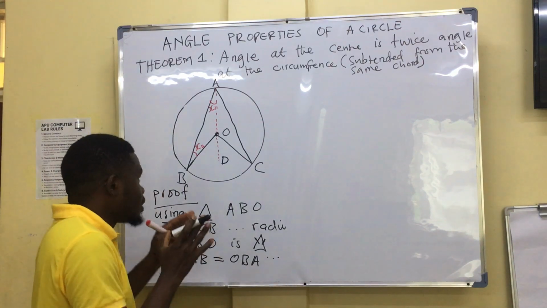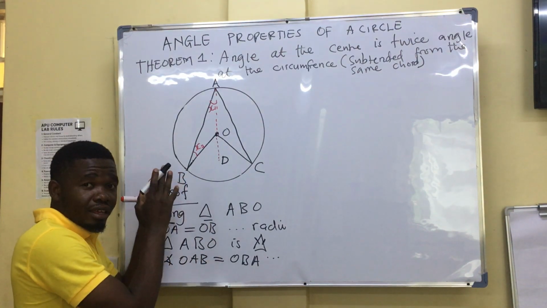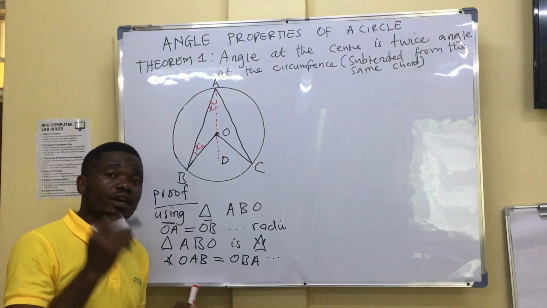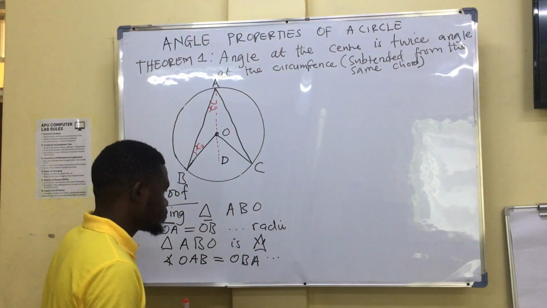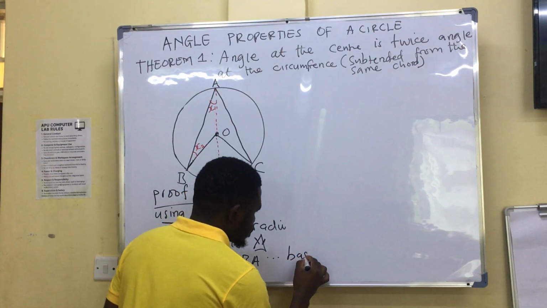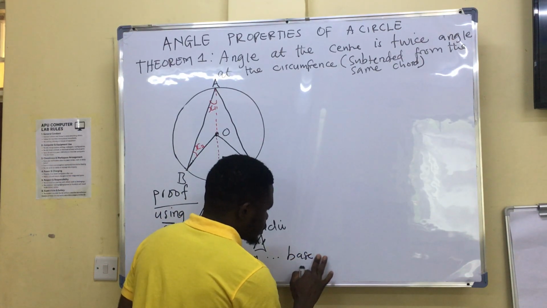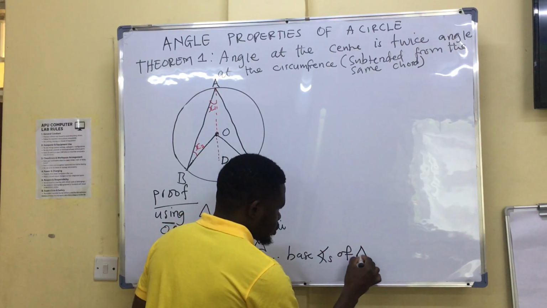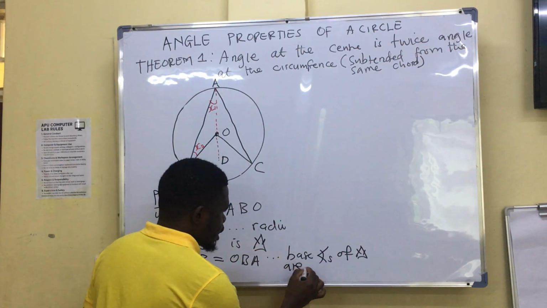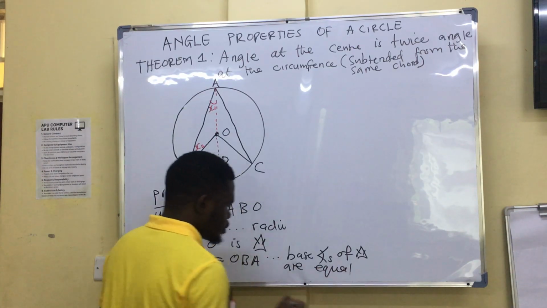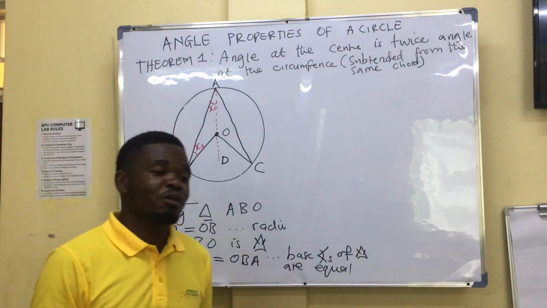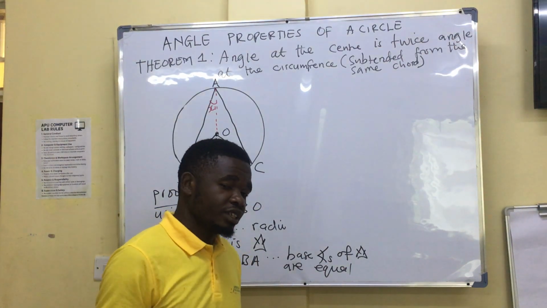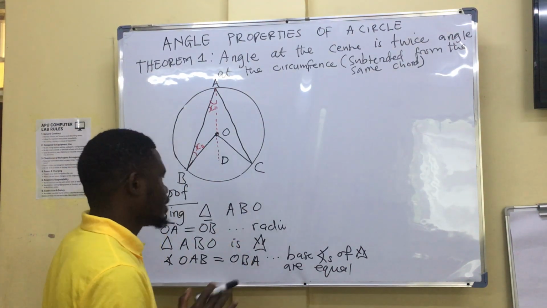Why? Because we have recognized that this is an isosceles triangle. So remember, base angles of an isosceles triangle are equal. So that's the reason here: angles of isosceles triangle are equal. I hope that reaching this far we are together. Don't be confused. If there's a question, drop it down there. I will respond. Don't worry, everything will be fine.